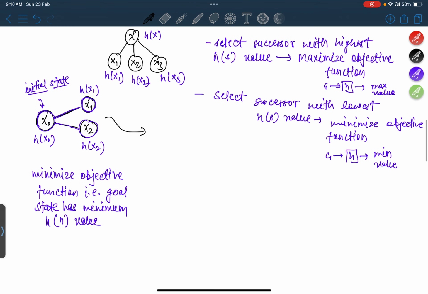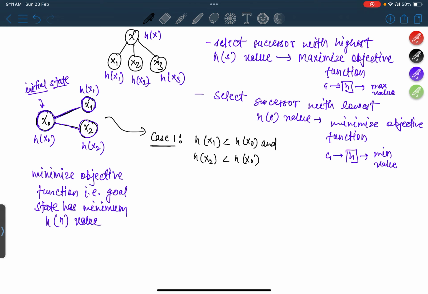Case 1: h of x1 is less than h of x0, and h of x2 is less than h of x0.